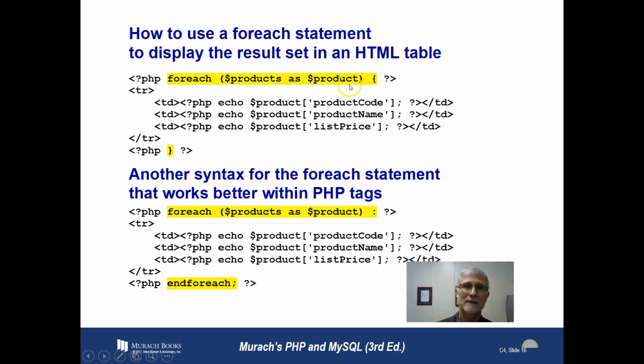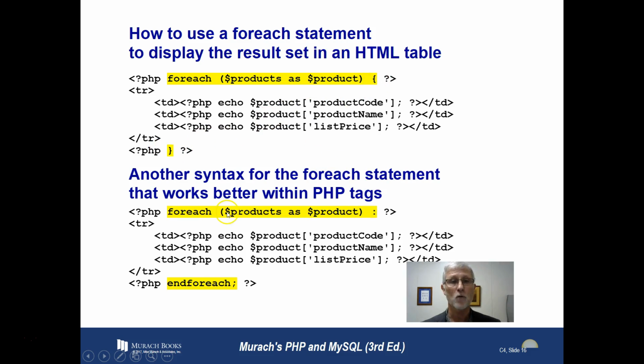So I'm going to echo all of those out. Now, this looks like normal embedded PHP. I got my parentheses, opening and closing, looks great. Now, there's another syntax for foreach that is probably easier to understand, because if you've got a lot of embedded stuff on your web page, parentheses can get really confusing.